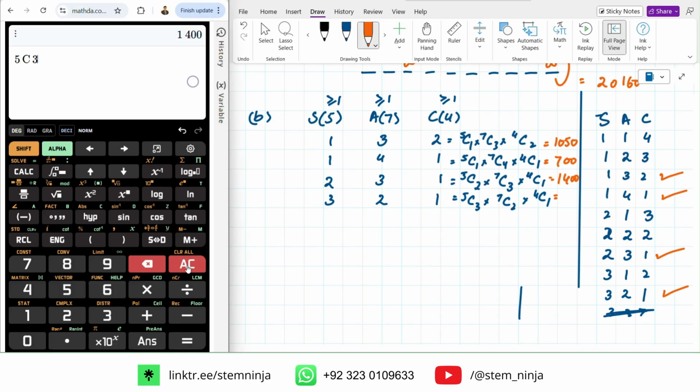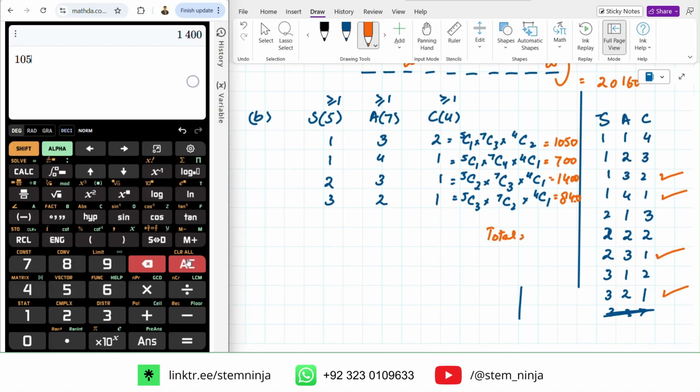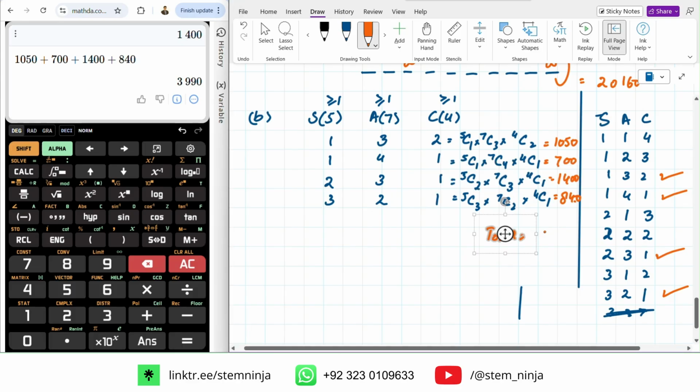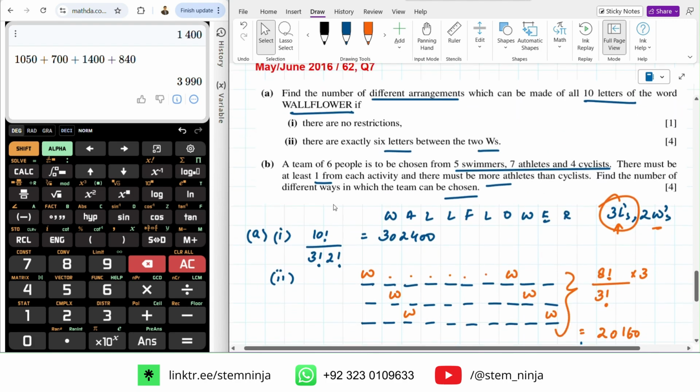Sorry, no. 5C3, 7C2, 4C1, 840. All right, so now we just add them together for the final number. So 1050 plus 700 plus 1400 plus 840. This is 3990. Right, and that's it. All right, so let's move on to the 6-3 variant.